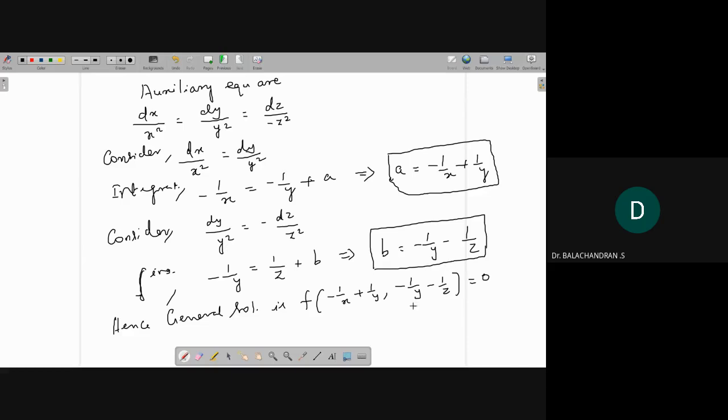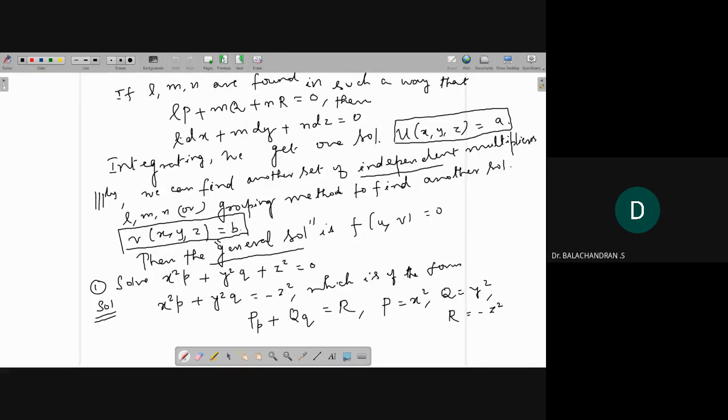If you want to verify whether this is a correct answer, the only way is to eliminate the arbitrary function, as we discussed earlier. You will get the given problem, x square p plus y square q plus z square equal to 0. That is the only way you can check it.